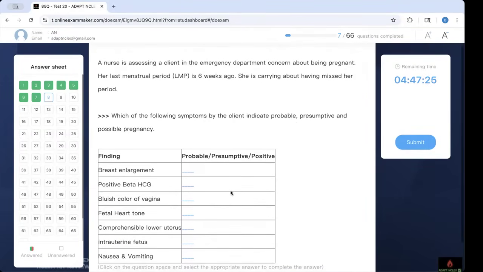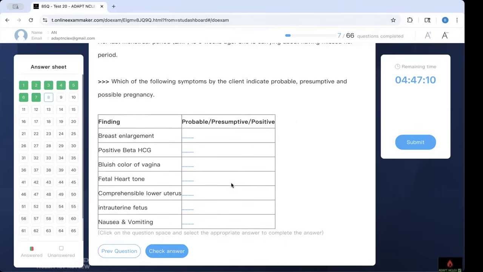Now, this is assessing a client in the emergency department concerned about being pregnant. Her last menstrual period was 6 weeks ago. She's crying about having missed a period. Which of the following symptoms is indicative of probable, presumptive, and possible? You already know probable, presumptive, or positive pregnancy signs.